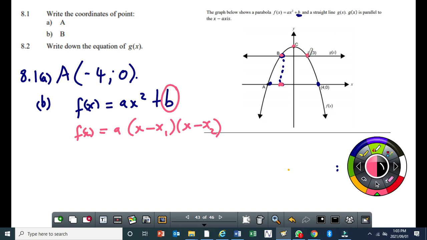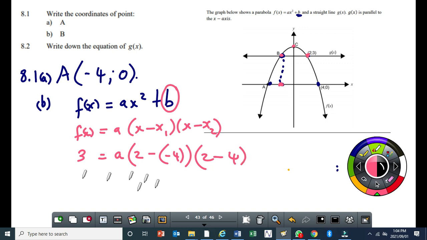So I'll put y equal to 3. I need to calculate a, right? So I'll put 2 there, minus x1 is going to be minus 4, and my x there is 2, my x1 is 4, my x2 is 4. So the objective is to calculate the value of a.